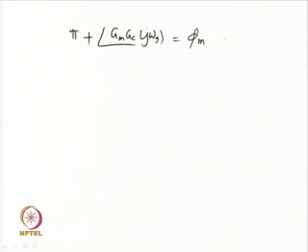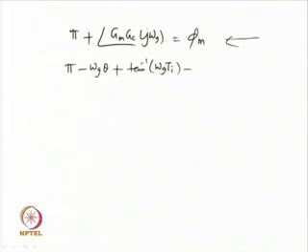Now, substitution of the angles will give us pi minus omega g theta plus tan inverse of omega g Ti plus tan inverse of omega g T1 is equal to phi m.